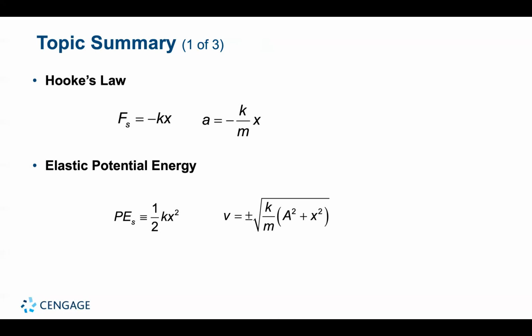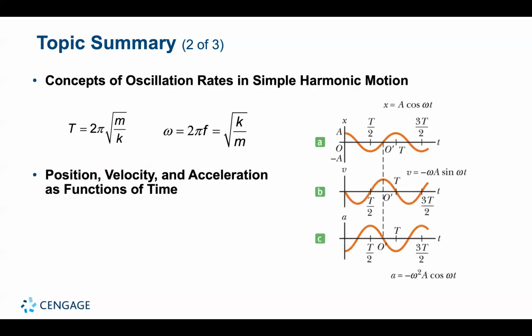When an object moves with simple harmonic motion, its acceleration as a function of position is given here. For elastic potential energy, the energy stored in a stretched or compressed spring or in some other elastic material is called elastic potential energy. The velocity of an object as a function of position when the object is moving with simple harmonic motion is given in this equation.